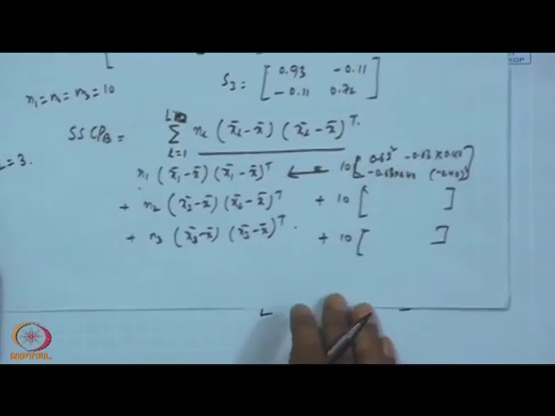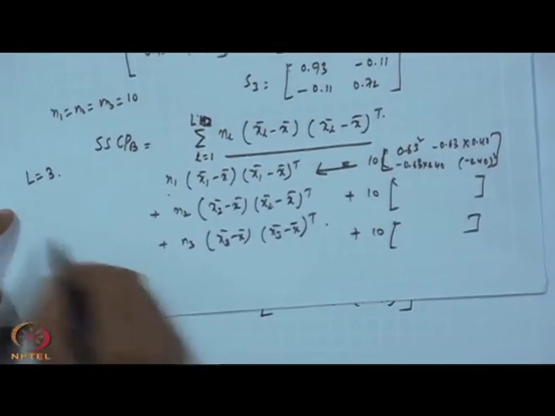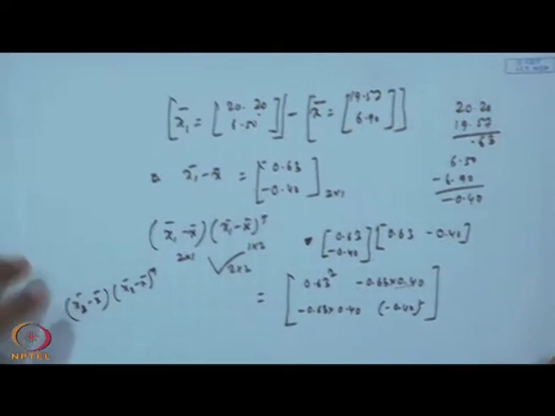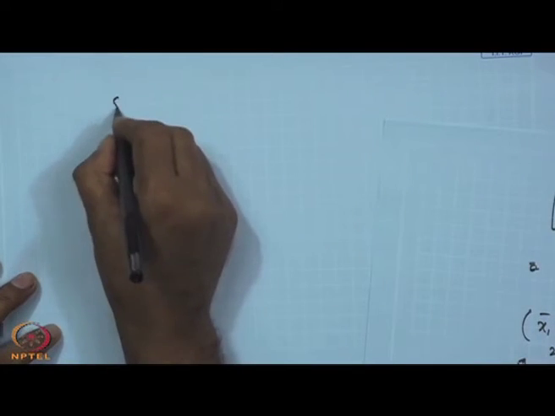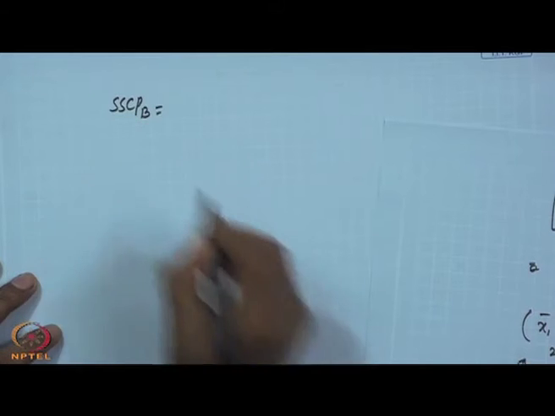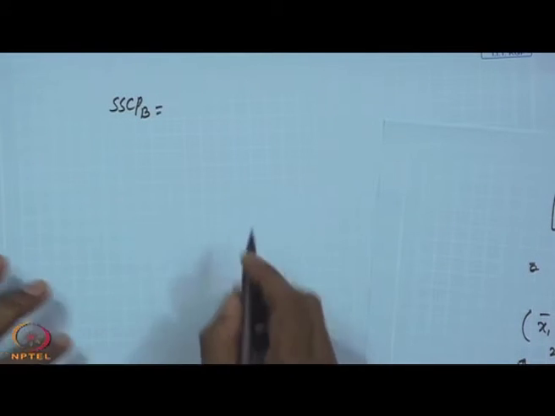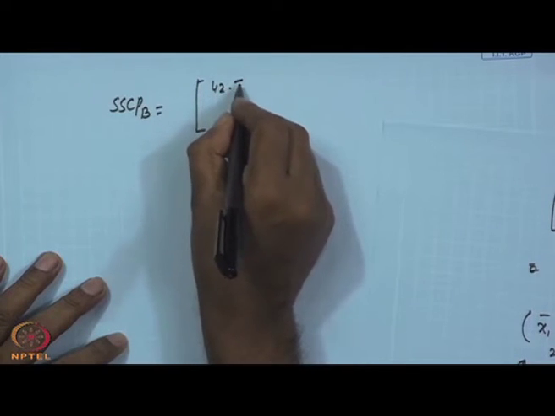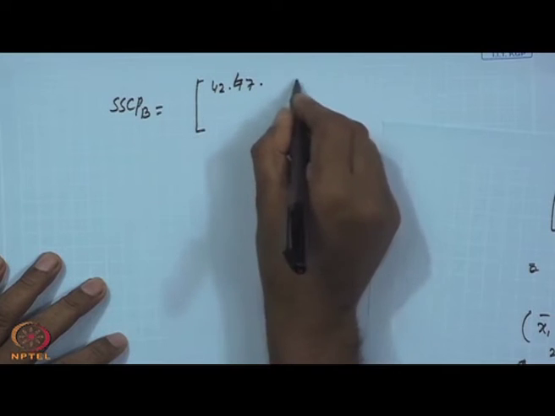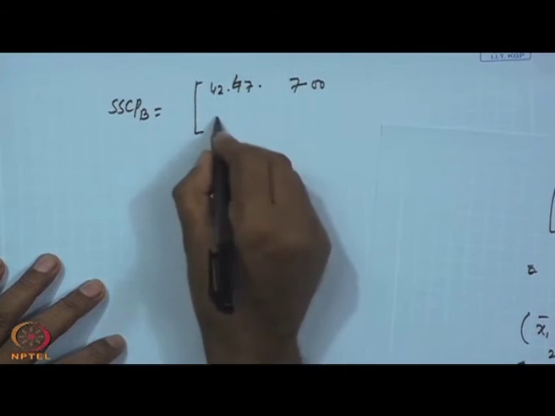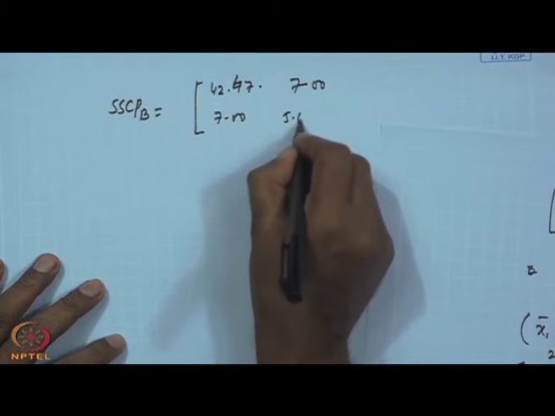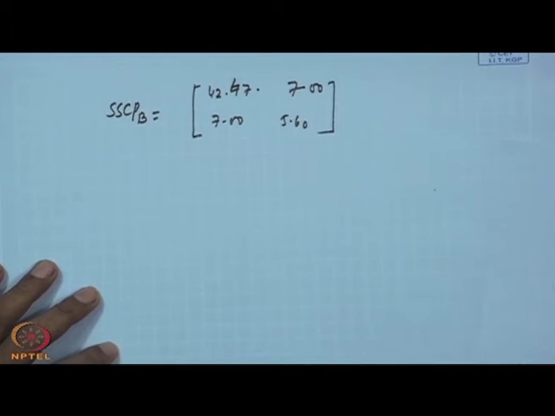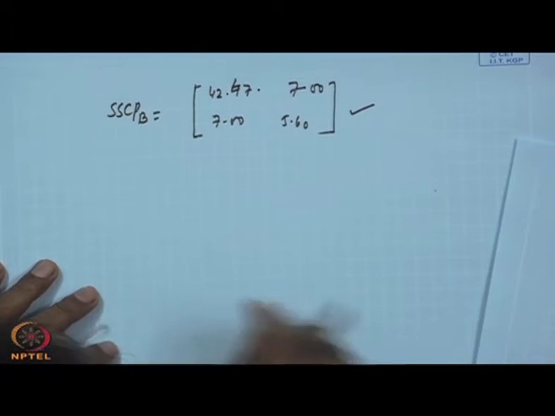So the resultant, the ultimate SSCP-B that we have computed, will be 42.47 and 7.00, then 7.00 and 5.67. So SSCP-B is calculated like this.